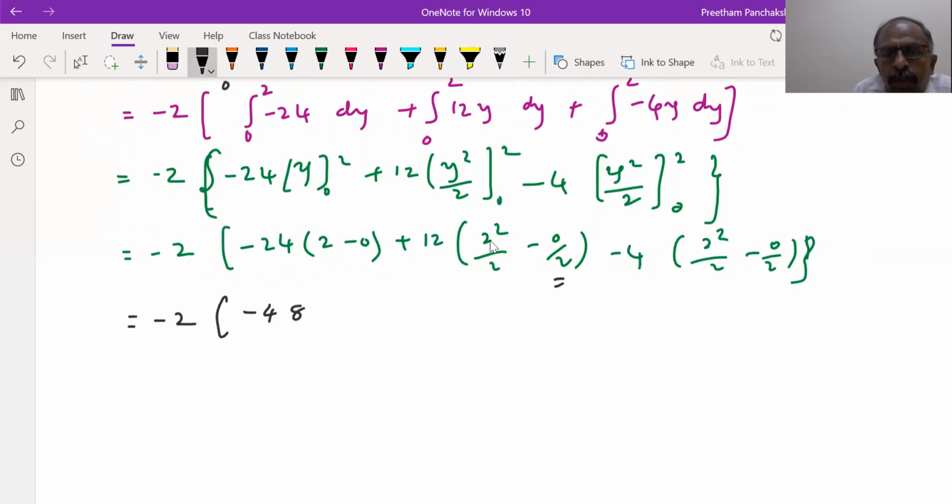Here this term is 0, 2 plus 24 minus, here also becomes 2, minus 8. So work it out using a calculator. You are going to get an answer of 64 joules. 64 joules.